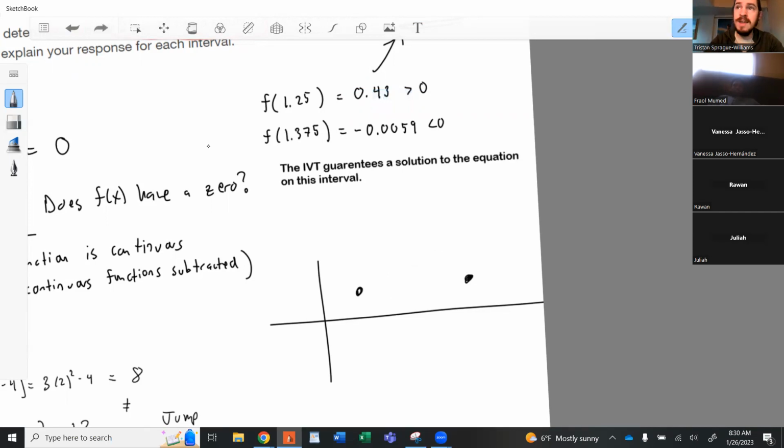But it could also be that it does this. Maybe there's two x-intercepts on that interval, or maybe there's only one and it just touches briefly and then comes back up. You know what I mean? So just because you don't get a positive and a negative doesn't mean that it didn't hit zero somewhere in between. It might, but it's not guaranteed by the theorem. That's the main point.